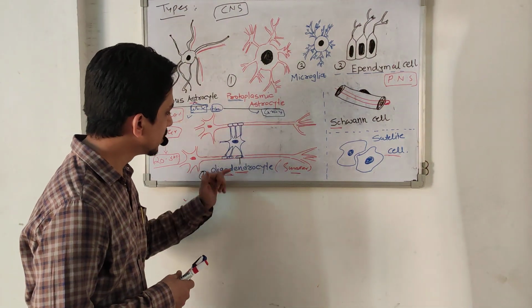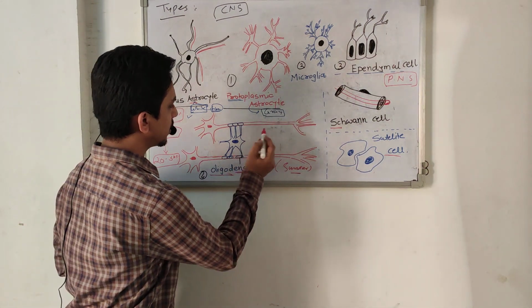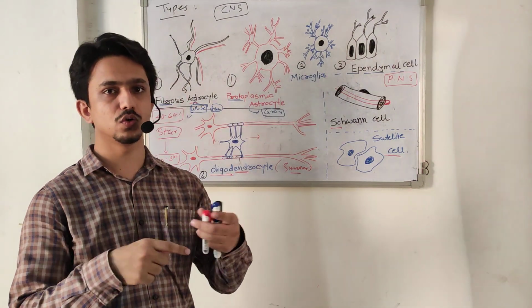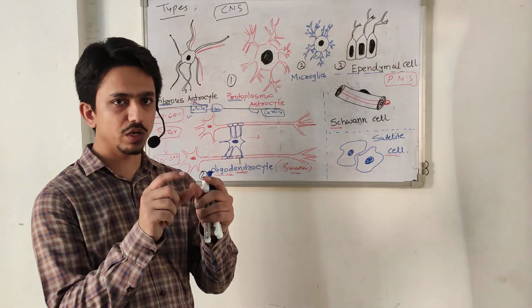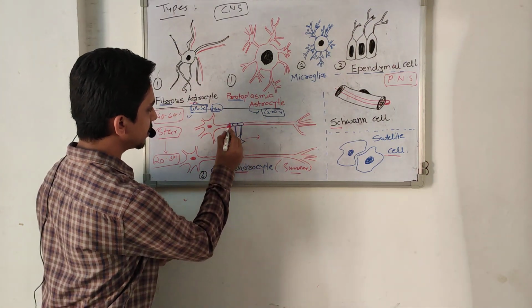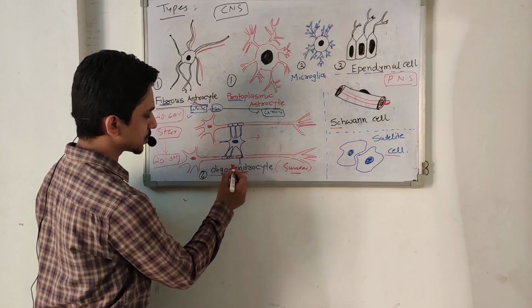So this is the oligodendrocyte. One oligodendrocyte gives myelination to multiple axons. You can see here there is only one oligodendrocyte, but it gives myelination around the axons of two neurons, two axons.